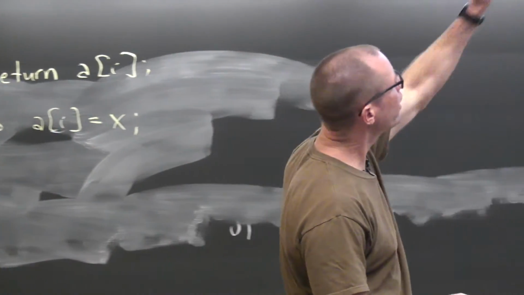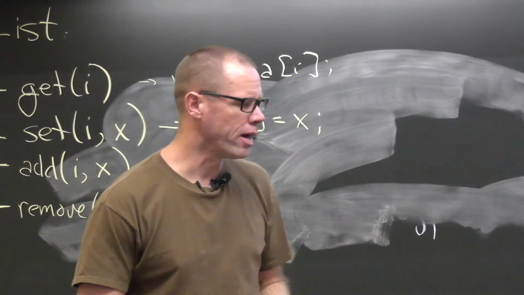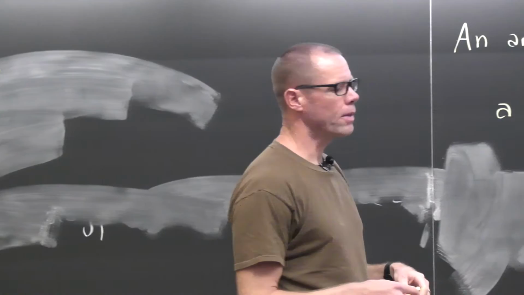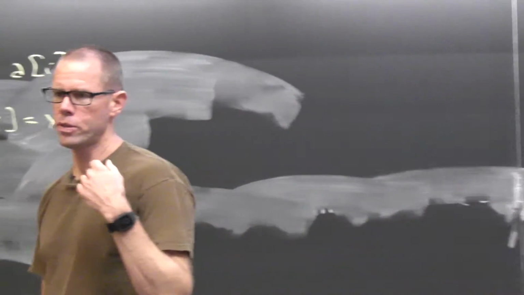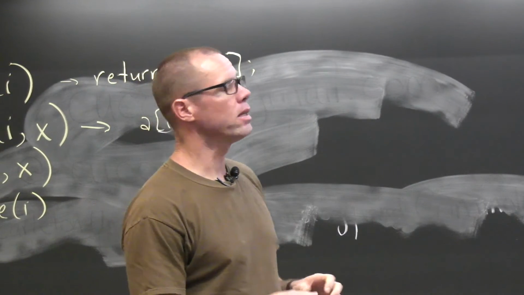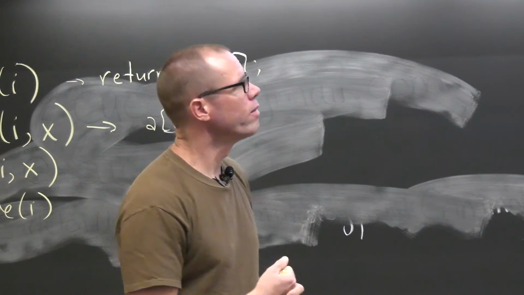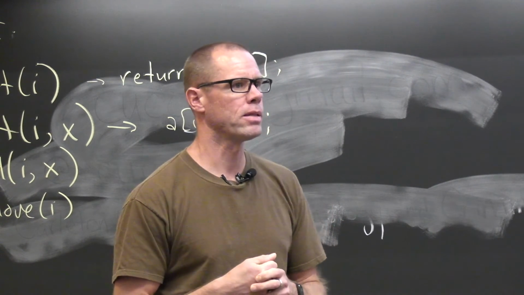And set is a little more complicated than it looks. If you read the documentation for set in the list interface, you'll see that it's supposed to set the ith element of the list equal to x, but it's also supposed to return a value, and the value that it's supposed to return is the old value that used to be at that position in the list.